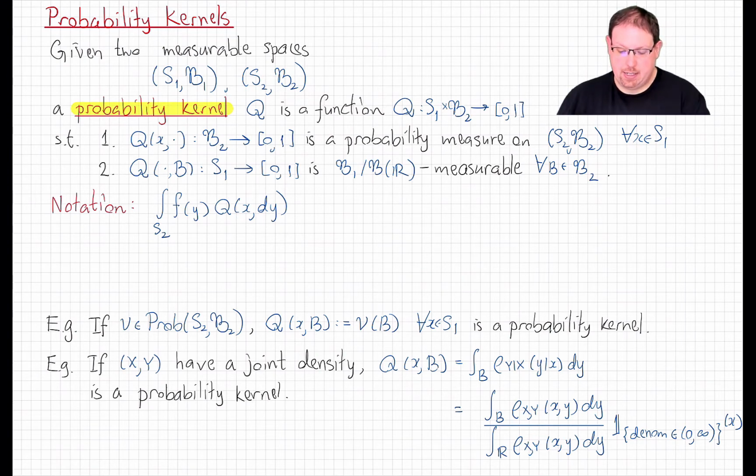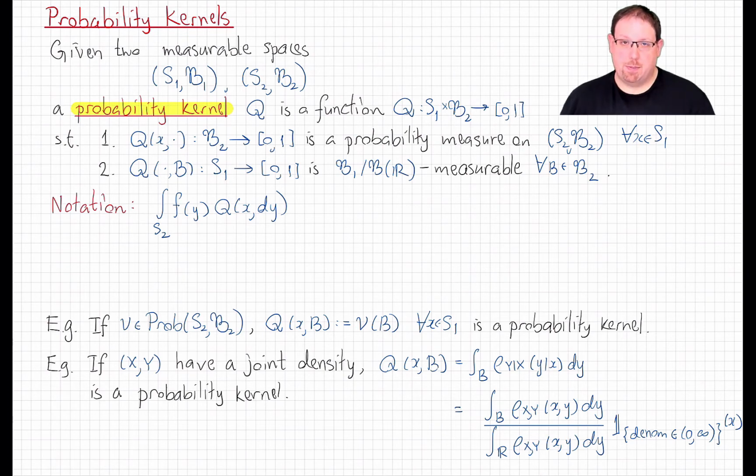So to be precise, given two measurable spaces like this, a probability kernel over them is a function from the first state space and the second sigma field, taking values in the unit interval, which is for each fixed x in the first state space, a probability measure on the second space, and for each fixed event in the second measurable space is a measurable function of the variable little x in the first state space.